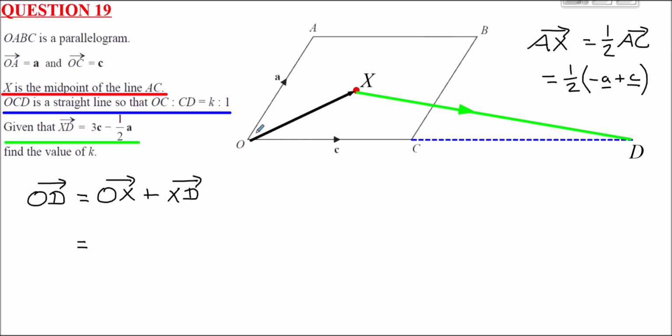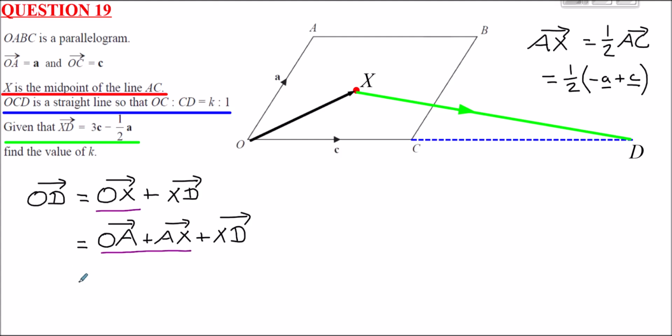So from O to X, I could go from O to A first, and then from A to X, and then from X to D. So all I'm saying here is that from O to X, you can think of it like this. So now I can actually work out in terms of vectors what this is.